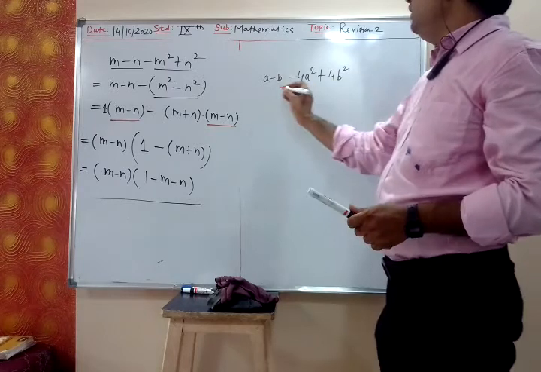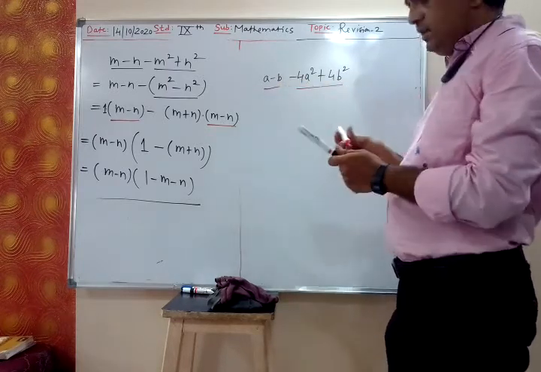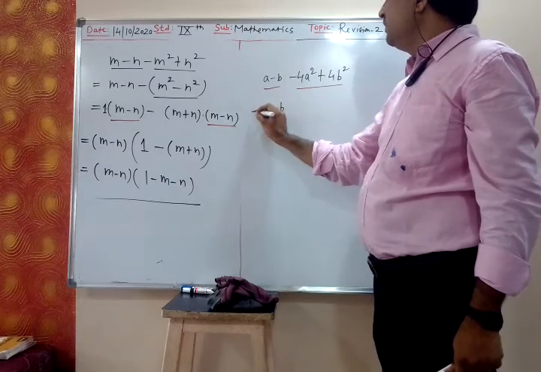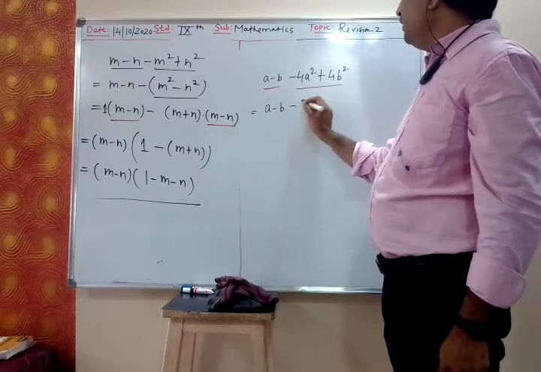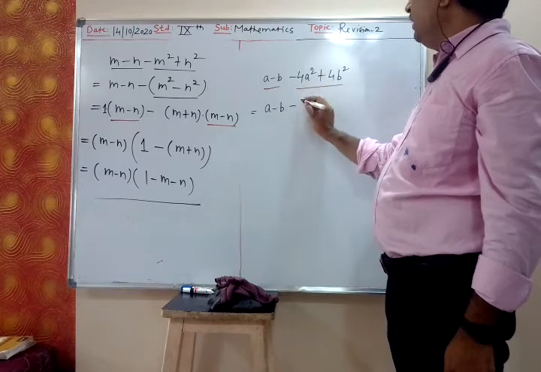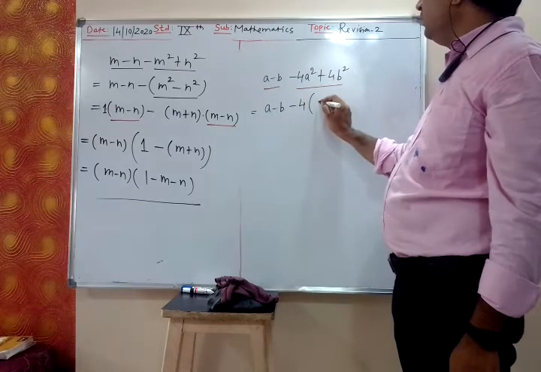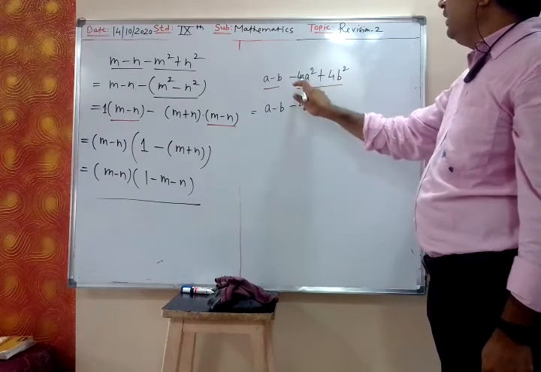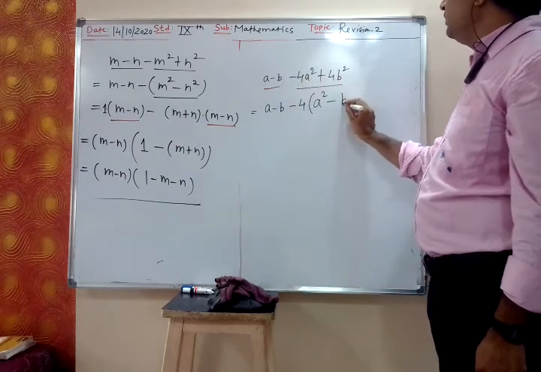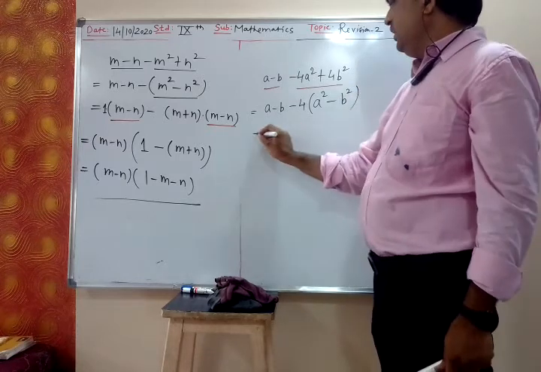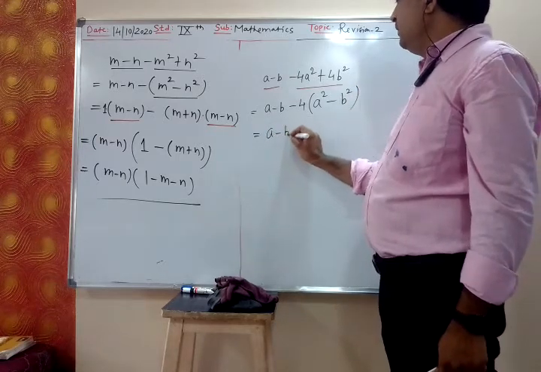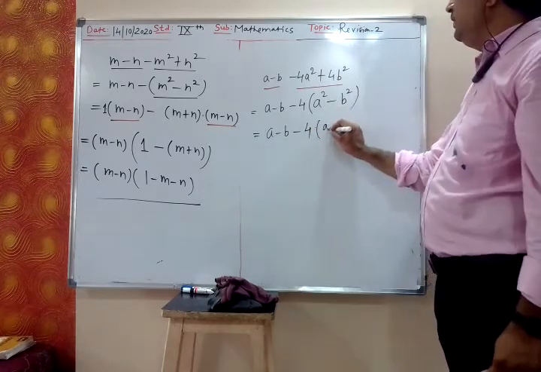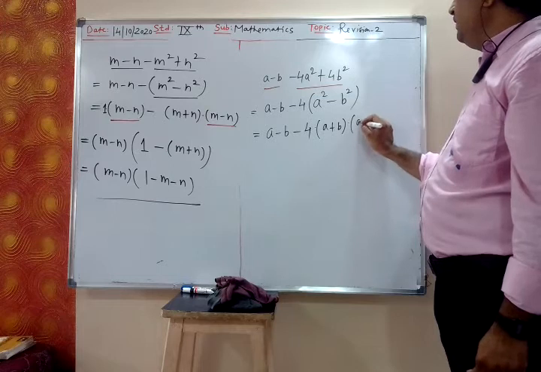First we do the grouping, take these two terms together, these two terms together. Then the first one, a minus b, I will write as it is. Then from these two I will take minus 4 common. Minus 4 we take common, then it is a square. Since I have taken the minus sign common, inside it will be minus b square. So this is a minus b minus 4. Again we use a square minus b square, that is a plus b into a minus b.